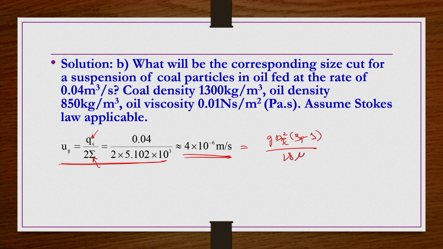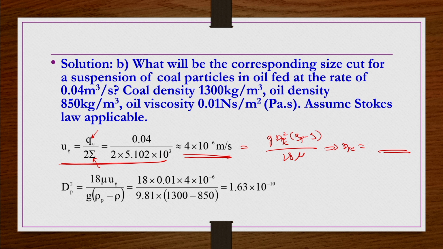If you put it here, you get the cut diameter dpc. All particles with size greater than this dpc will be separated. So this approach we are going to follow. From Ug equals g dp square (rho p minus rho) by 18 mu, we can write dp square equals 18 mu Ug divided by g delta rho.